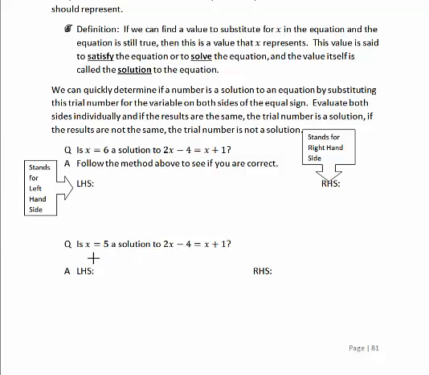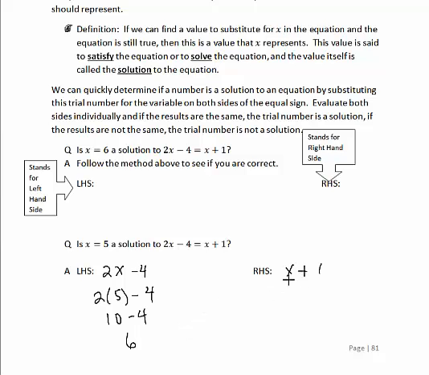Next question says, is x equal 5 a solution? So again, we have the same equation, except we plug in a different number. We're going to check 5. Plugging 5 into the left-hand side, we have 2 times 5 minus 4. Order of operations dictates that we multiply the 2 and the 5 first, and then we subtract 4, and we get a 6.